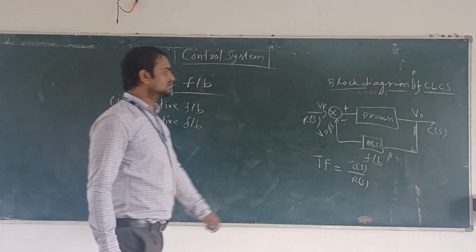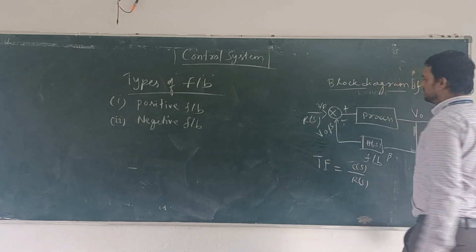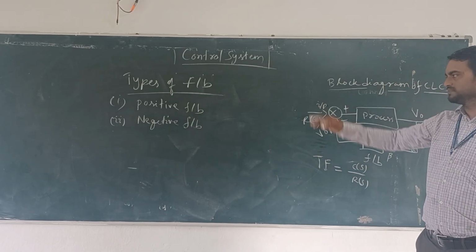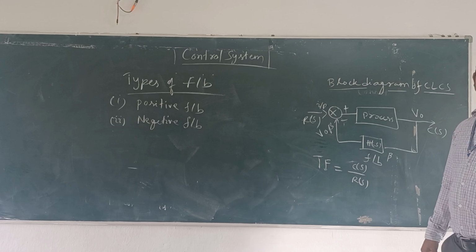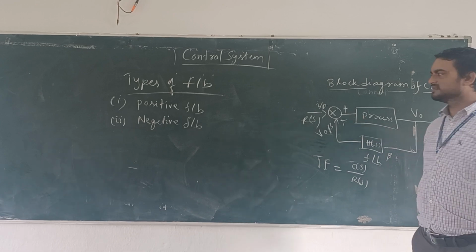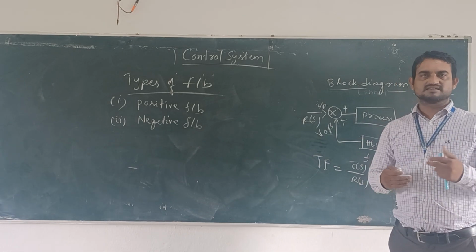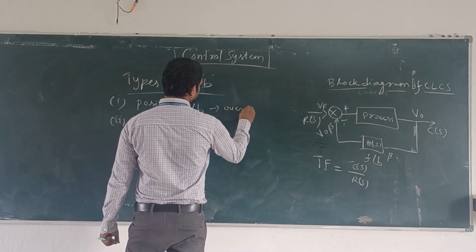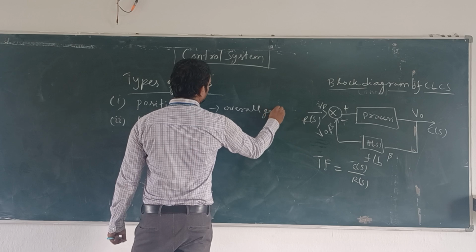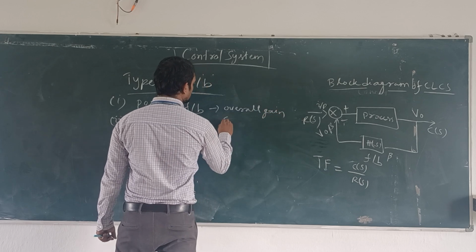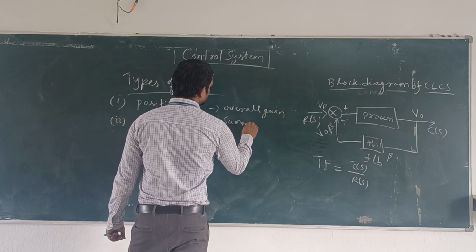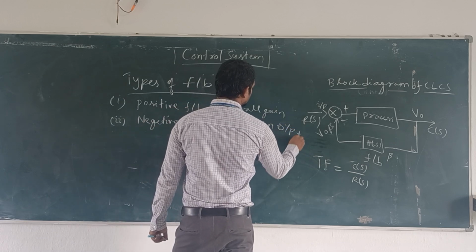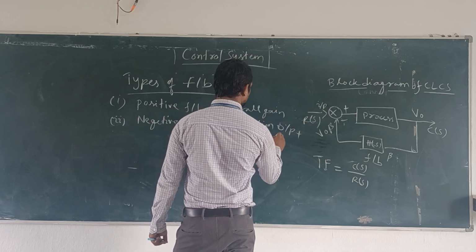If the feedback signal is connected to the summing point on the positive side, it is considered positive feedback. If the signal is connected to the negative side, the gain is less. In the case of positive feedback, the overall gain is the summation of the input, output plus feedback gain.